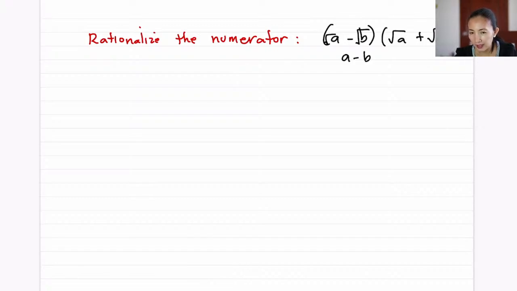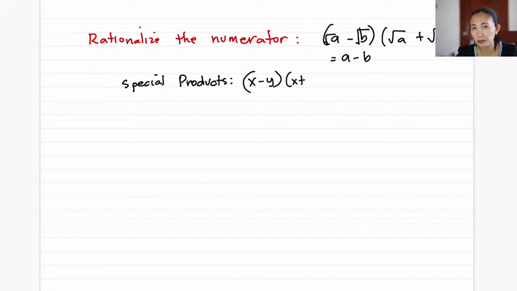Where did that come from? From the special products. Remember your special products? So, do not forget your algebra. Special products, x minus y times x plus y, the sum and difference. The sum and difference is equal to the square of the first minus the square of the second.